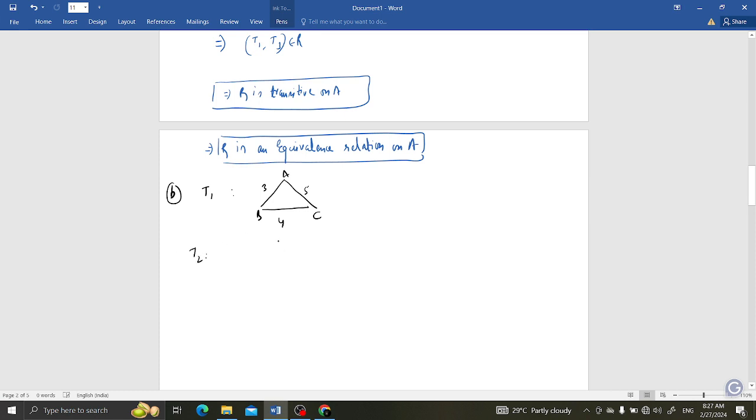T2 is triangle P, Q, R and sides are 5, 12, and 13.